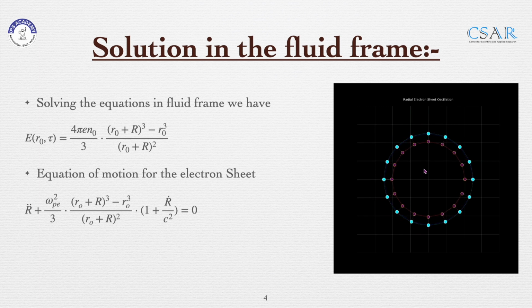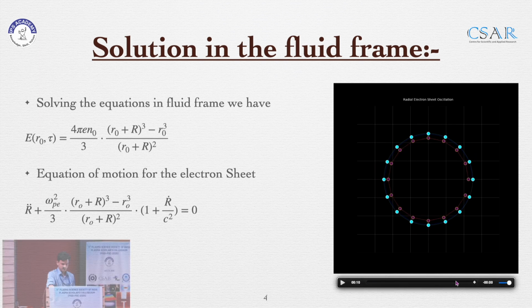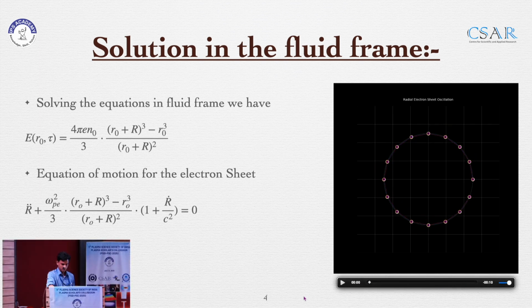So this is a video that represents my problem. The blue dots are the ions, and the oscillating tiny dots are actually electrons. At time 0, before giving any perturbation, the ions and the electrons are at the same place. Then I give a perturbation.